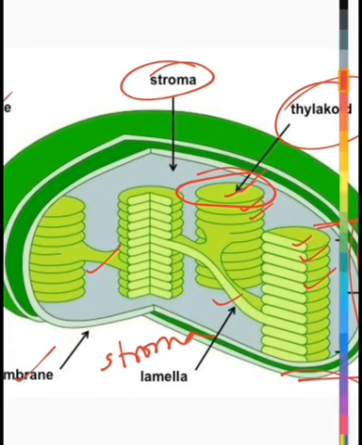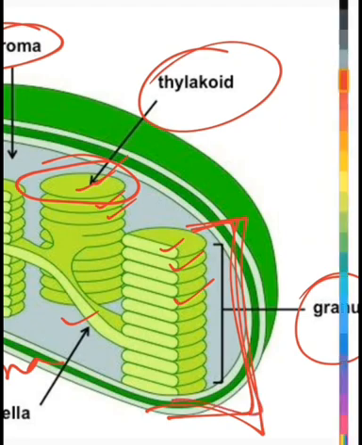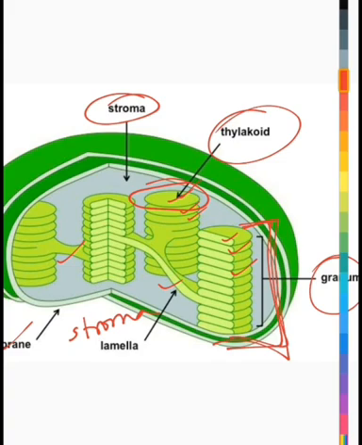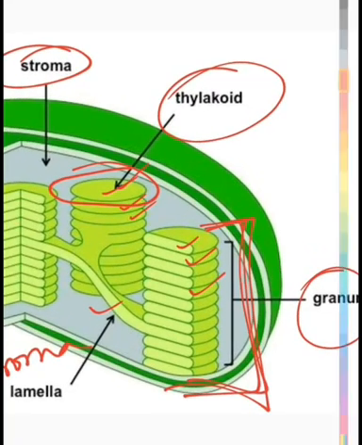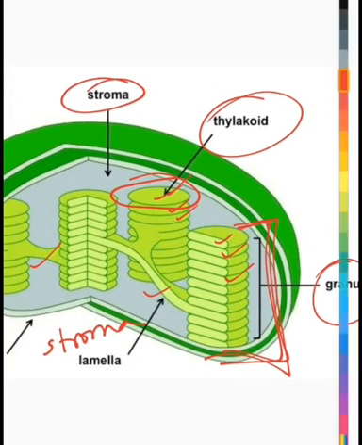This granum is the main functional unit of chloroplast, because chloroplast is where photosynthesis actually takes place, within this granum. Granum is singular and grana is the plural.